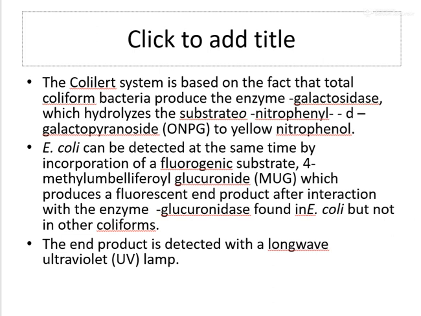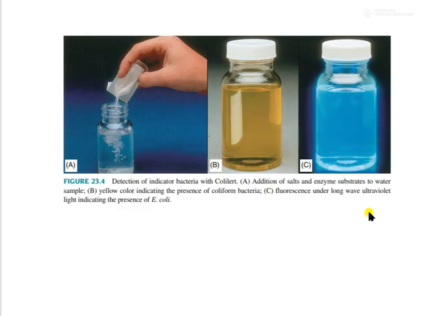And when you add a fluorogenic substrate, for example methylumbelliferyl glucuronide or MUG, that will produce a fluorescent end product after interaction with the enzyme glucuronidase found in E. coli.